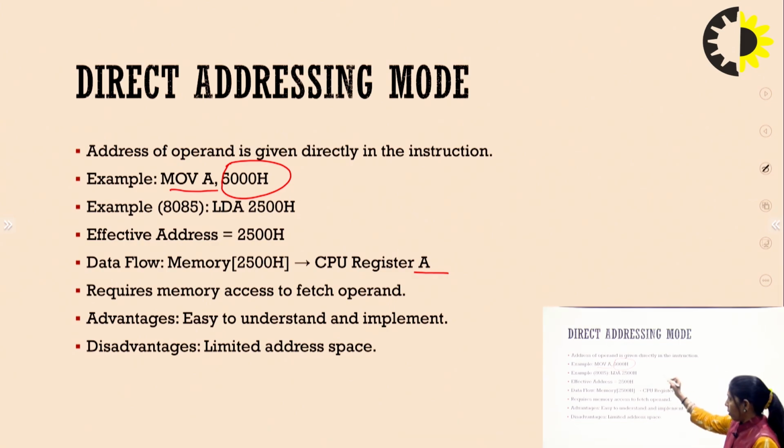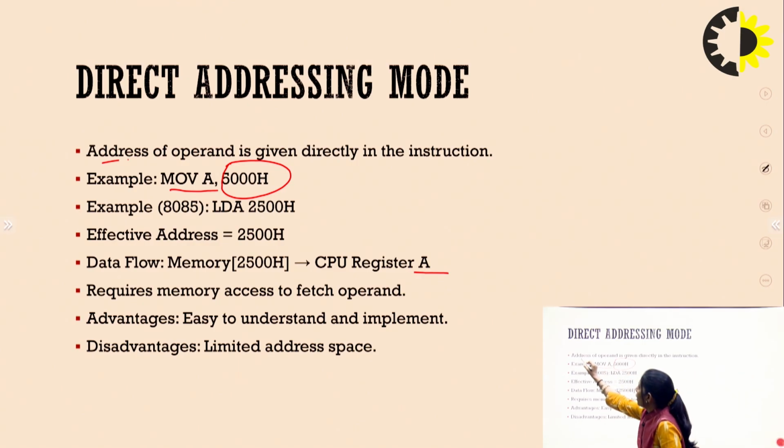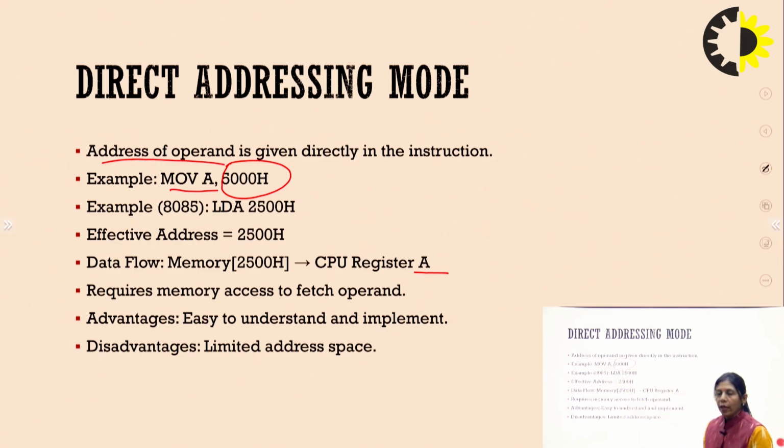So here the instruction has the address of the operand, and from that address, we can bring our operand from that location and execute whatever process was being done.